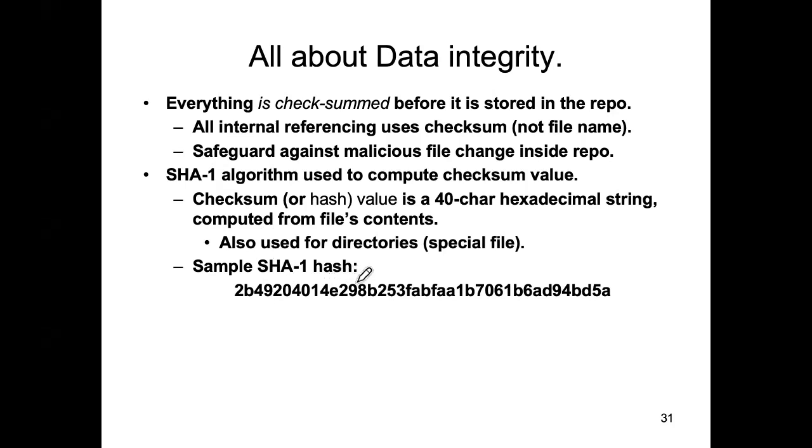So it's computing these hash values for us behind the scenes, Git is. And it also uses this hashing idea for directories or subdirectories within your working directory. So this is all about ensuring the integrity of the data within your repository.